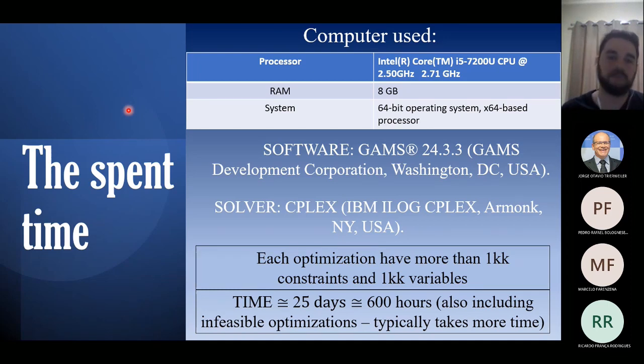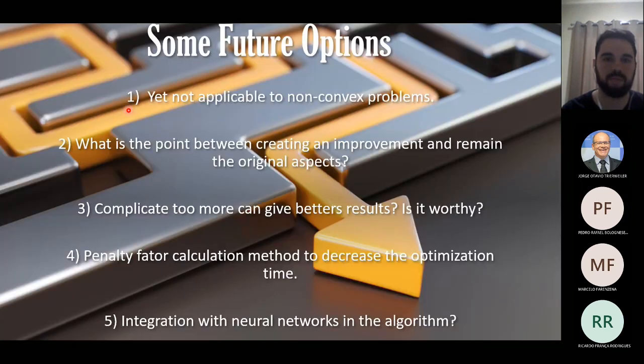Each optimization is a really big problem, with more than 1 million constraints and 1 million variables. The time for doing this fine-tuning was 25 days in this humble computer. It's about 600 hours, also including infeasible optimizations, which typically take more time than the feasible optimizations.